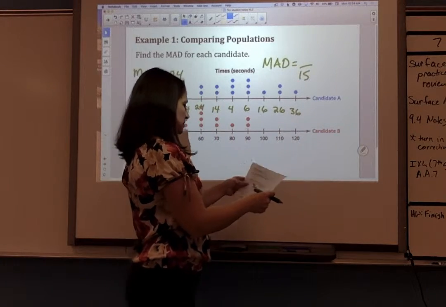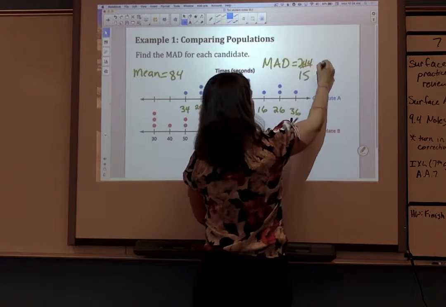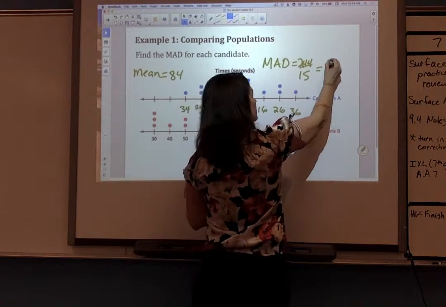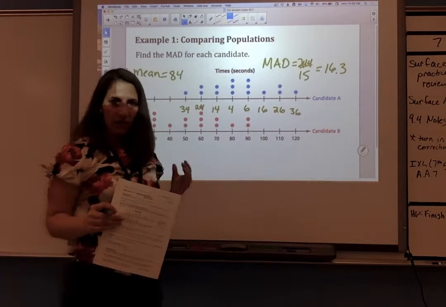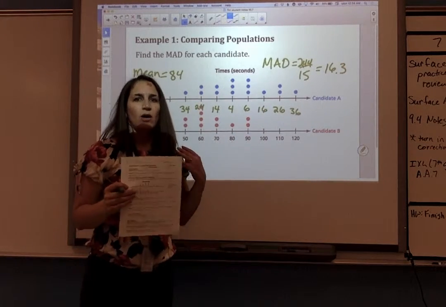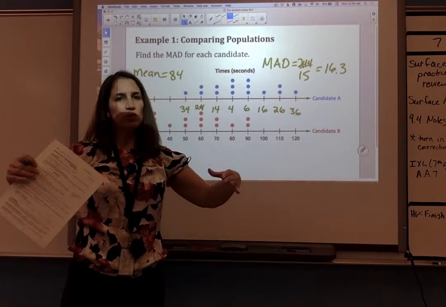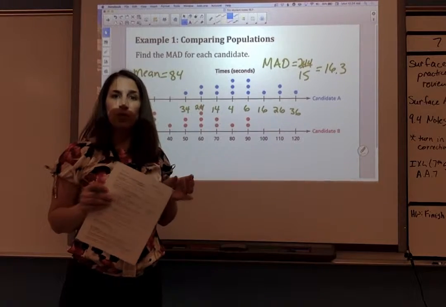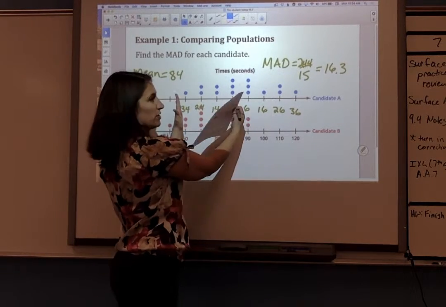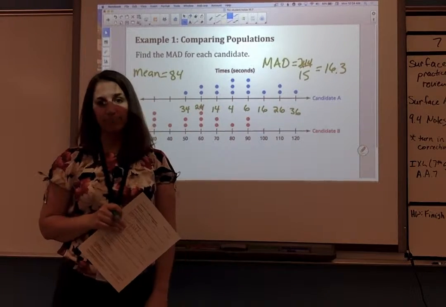That was 244 divided by 15, which is 16.3. So our average question was about 16.3 seconds away from 84. It gives you an idea of how spread out the data points are. If the number was smaller, our data would be more squished together. If the number was bigger, they would be more spread out.